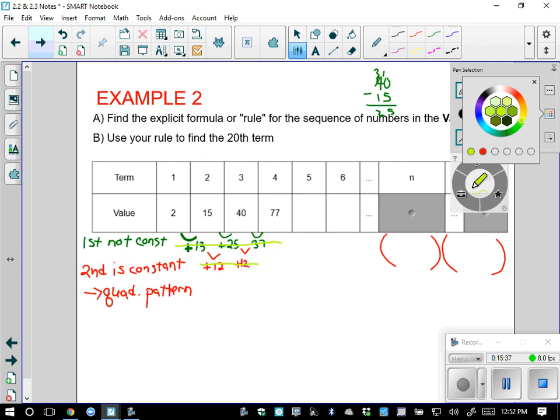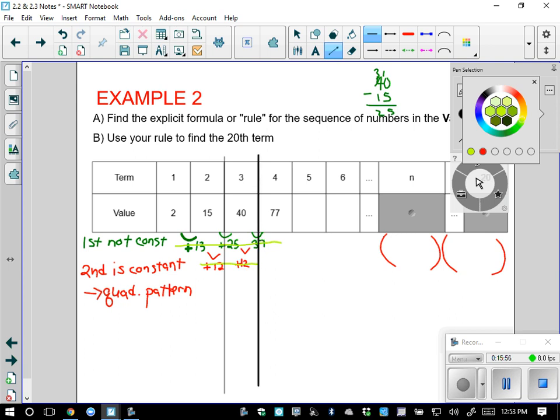So my next step is to make my table nice and organized, extend the lines, so I keep all my numbers in order. And then I look for a multiplying pattern.